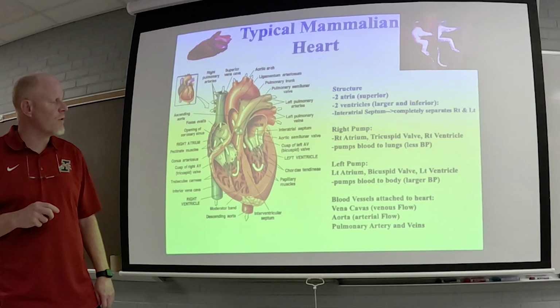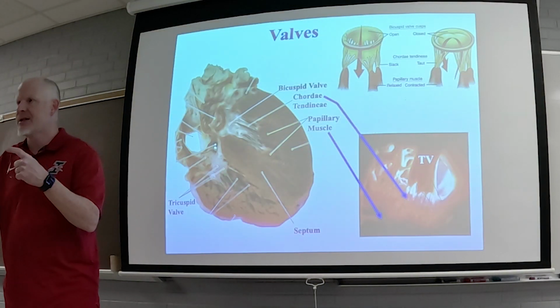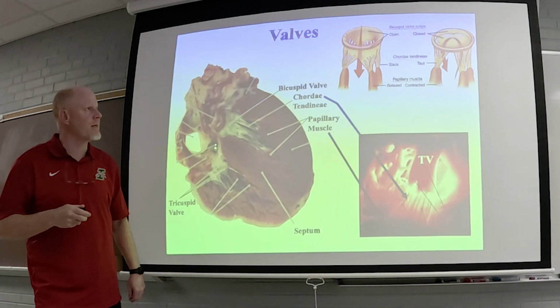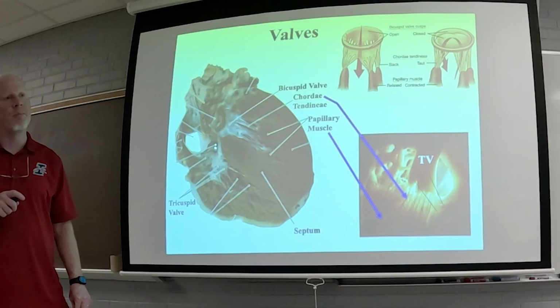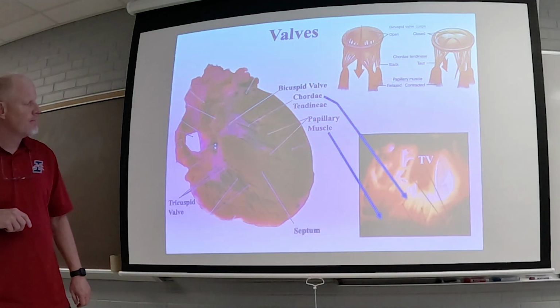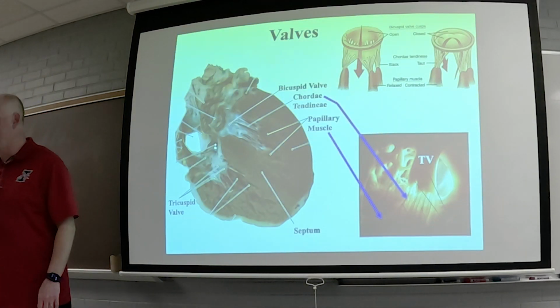Now, what we'll do is we'll go through a single heartbeat here in a second, so that you can see how much blood's ejected and what happens through an entire single heartbeat, or one turn of the cardiac cycle, is what we call it. So this is just a dissection picture of a mammal heart.